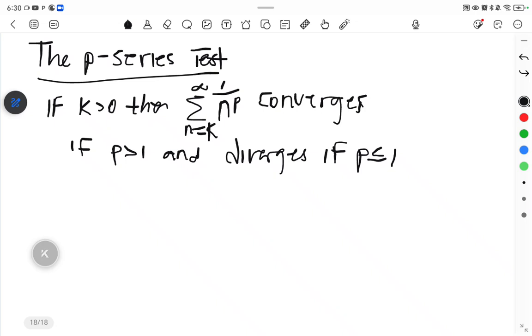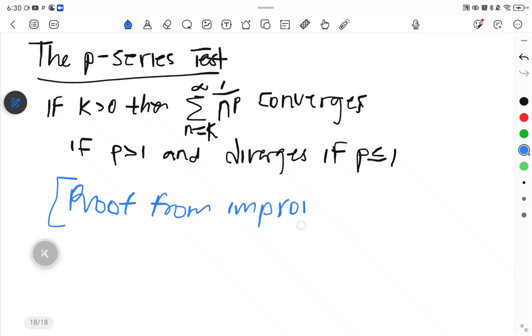I think this proof is coming, just that this proof is done from improper integrals, which we'll be doing tomorrow. So tomorrow we'll do the improper integrals. We'll also do the P series test.